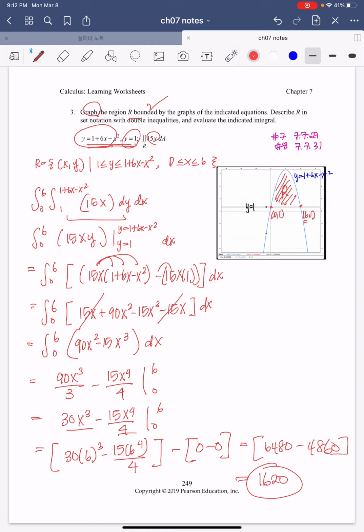Okay. So quickly recap. I noticed the variable y is a function. So I graphed it to find my x values. Where is the region that is intersected by these two curves? Where does it start? (0, 1) all the way up to (6, 1). So 0 and 6 are your x values.